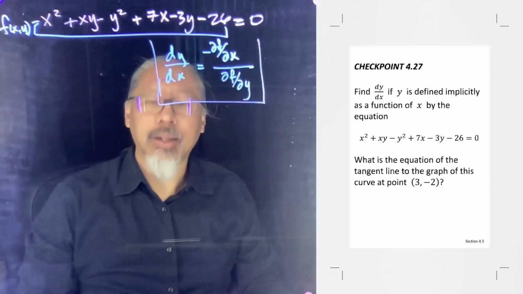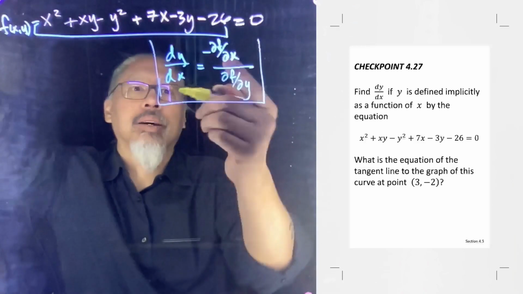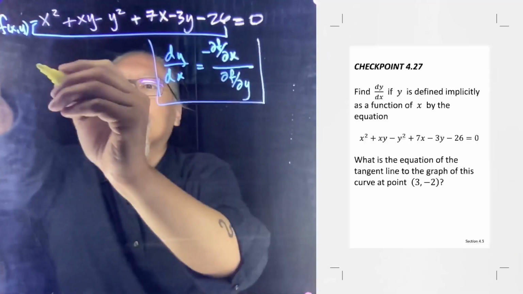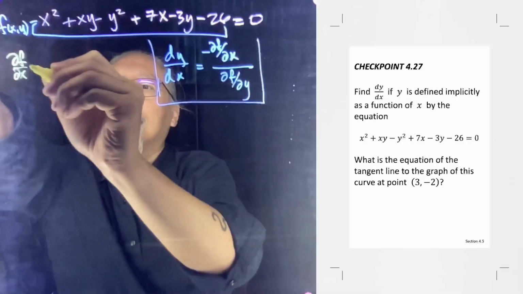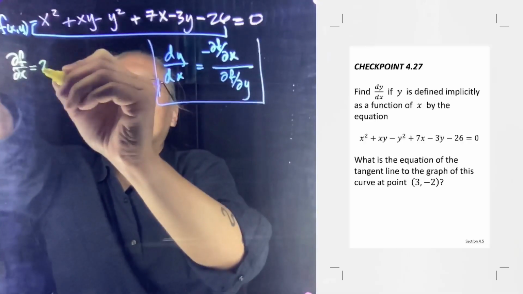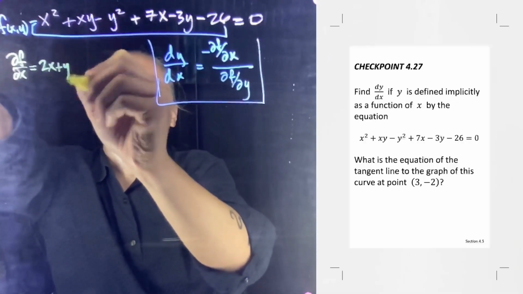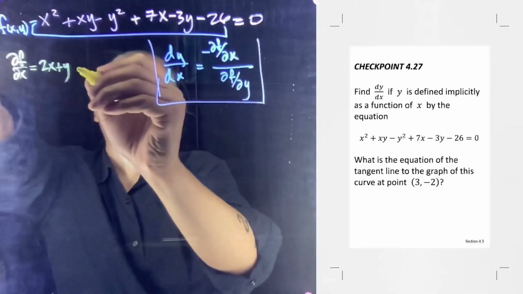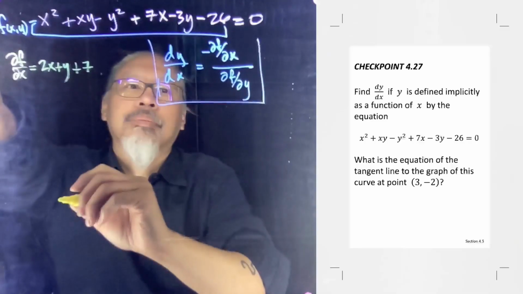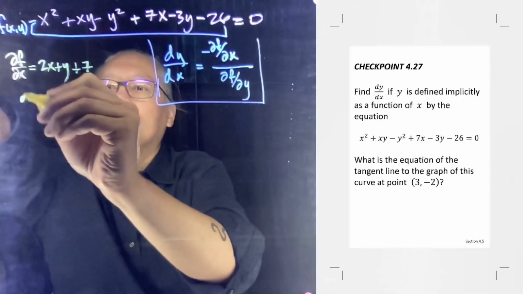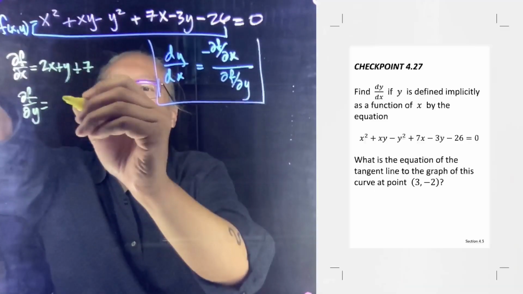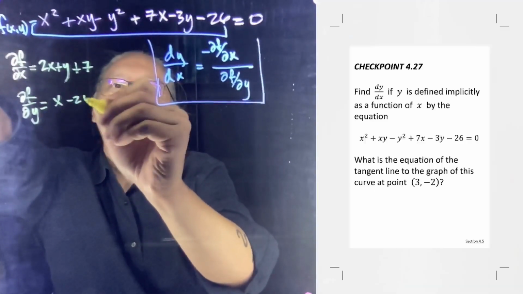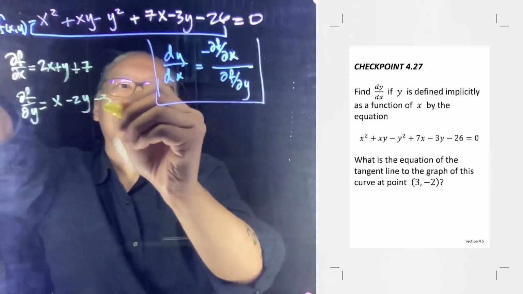We need to find the partial of f with respect to x. So let's find the partial of f with respect to x. And that's going to be 2x plus y, nothing, and 7. And then the partial of f with respect to y is going to be x minus 2y minus 3.